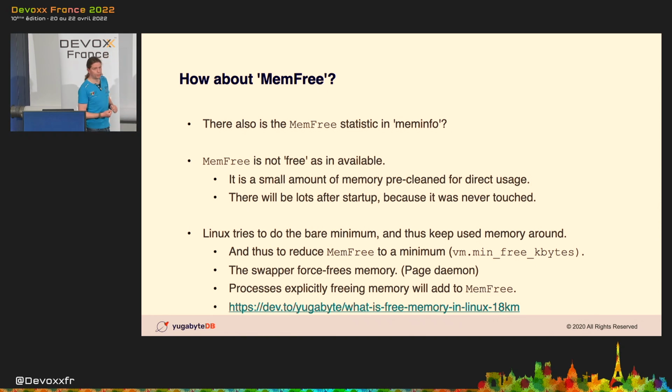But the important part for this slide is, don't look at mem-free. It is useful to look at mem-free for different topics. For example, if your applications need to allocate memory, they need free memory.